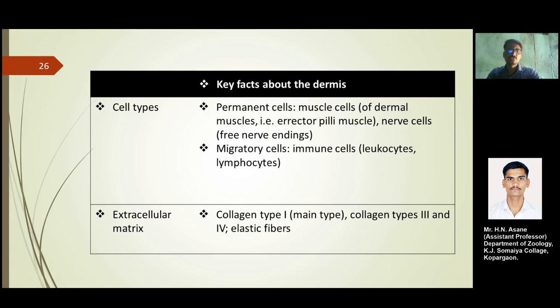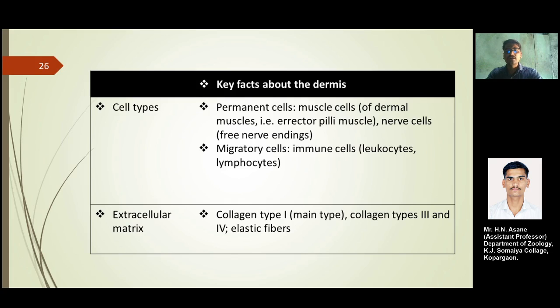Okay, so the extracellular matrix of the dermis has main constituents providing the stable structure to the dermis: collagen type 1, the main type of fiber present in the extracellular matrix of the dermis.